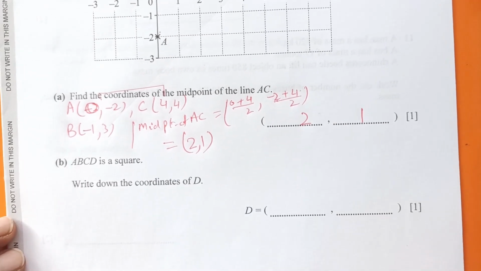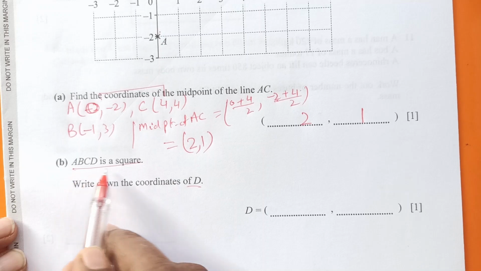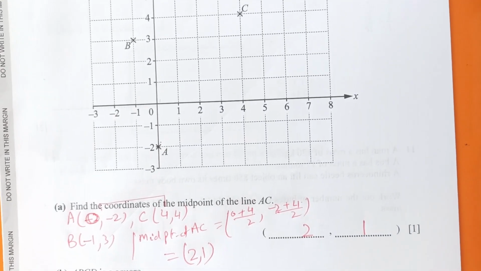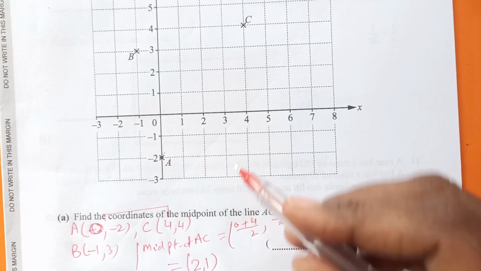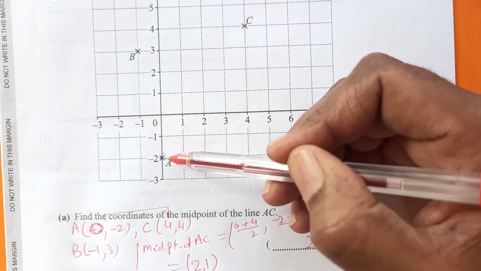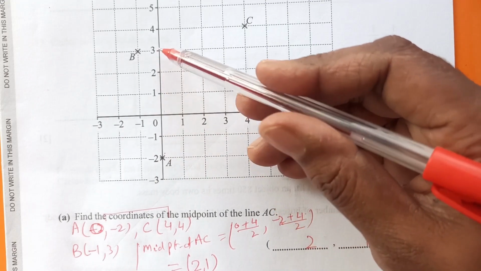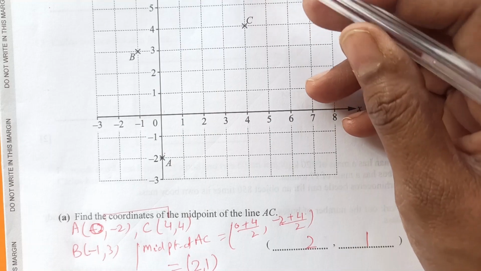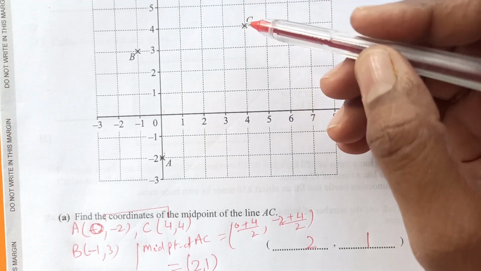Now write down the coordinates of D. ABCD is a square. So for the square, point D may be down somewhere or it may be up there. If you see here 1, 2, 3, 4, 5 up and 1 left, it will go out. So we are not taking that one.